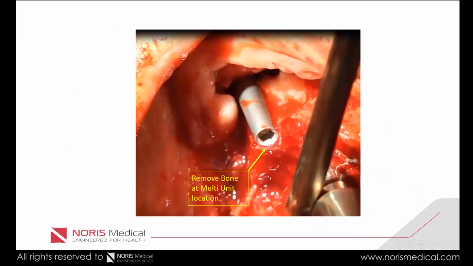Once we place the implant on the crest, we have to remove the bone on the crest, because it might affect the fitness of the multi-units. So we close the implant with the cover screw, and we just remove this bone without injuring the implant platform. Then we take the screw out, and we can put the multi-unit in.